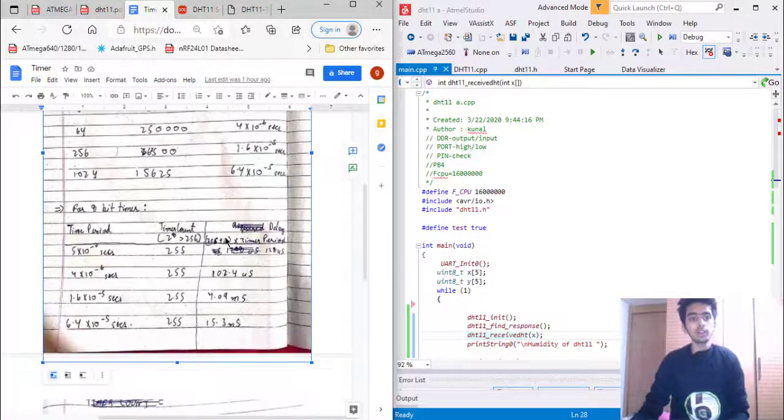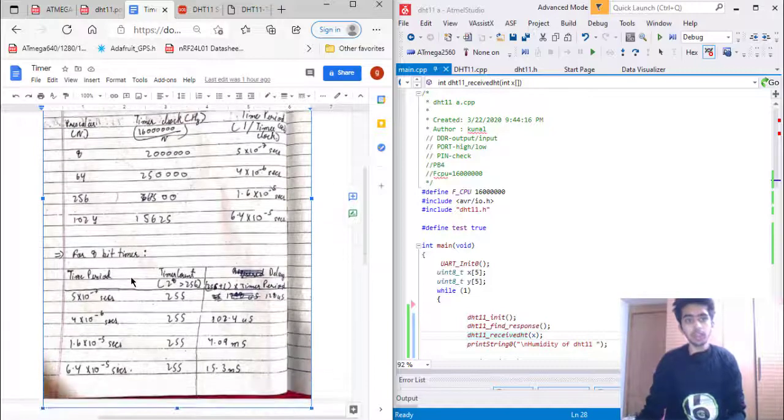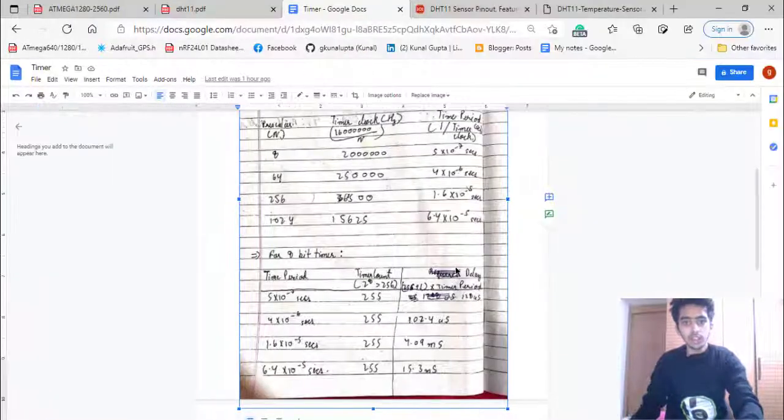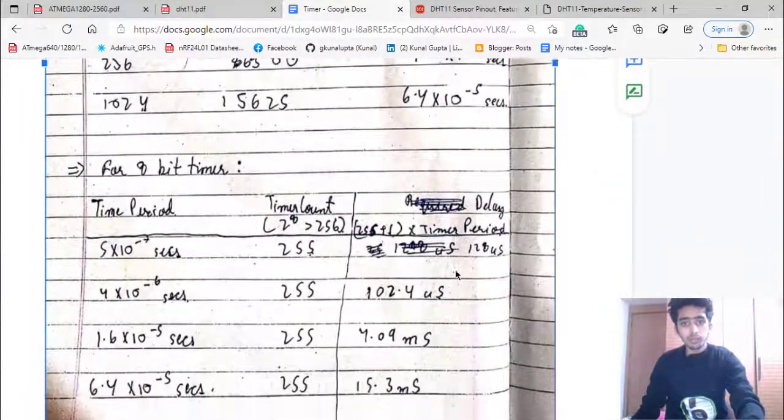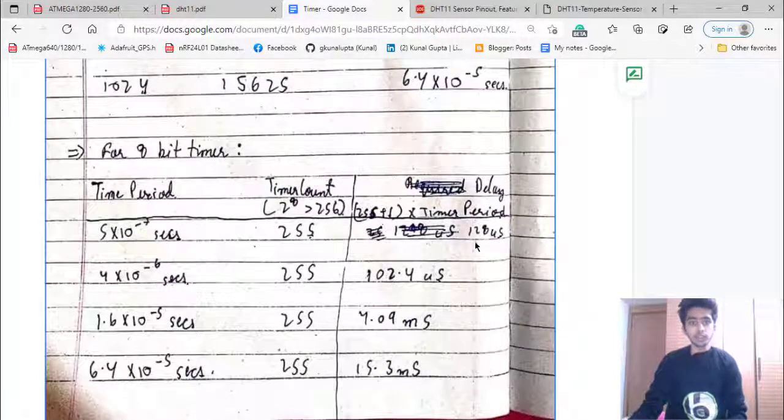Now let's say for 8-bit timers, we know that it counts from 0 to 256. So what is the maximum delay that we can get from 8-bit timers? If we use a prescaler of n equals 8, that is a time period of 5 into 10 raised to the minus 7 seconds, then the maximum delay which I can get is 128 microseconds.